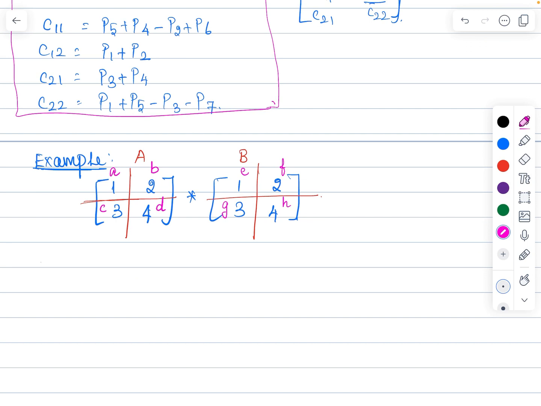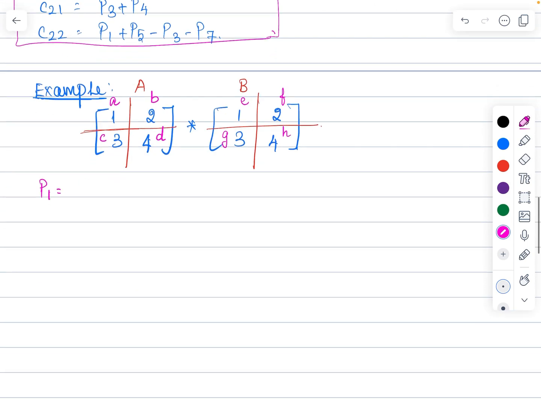As I told you before, there are 7 formulas playing the major role. Let's write all the 7 formulas again for your convenience.